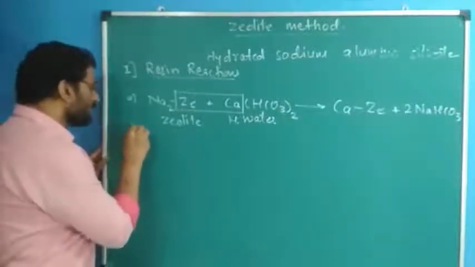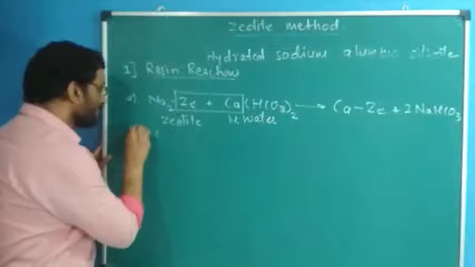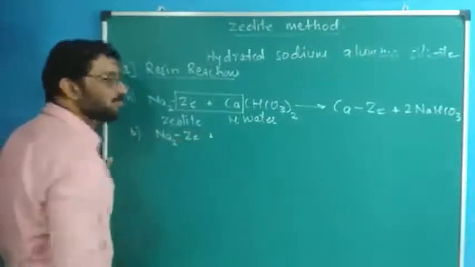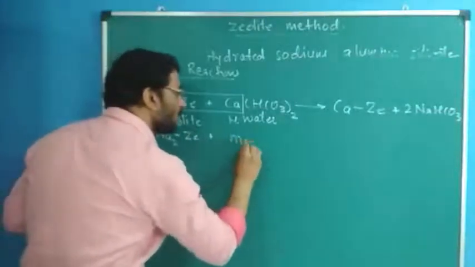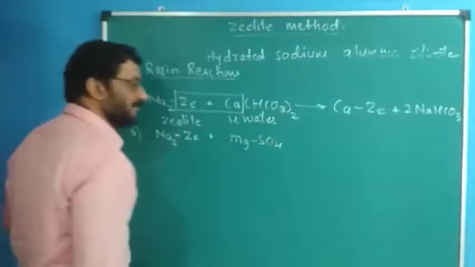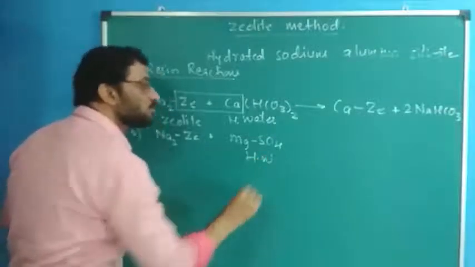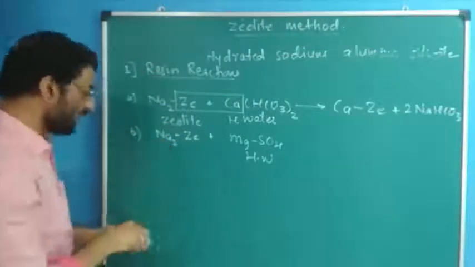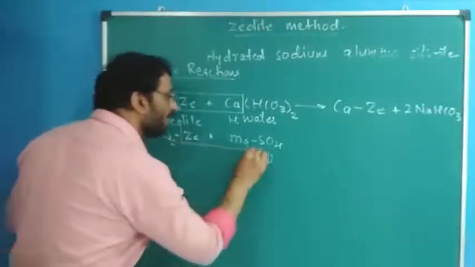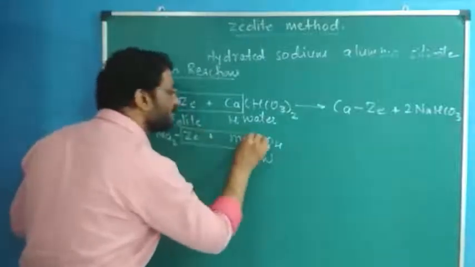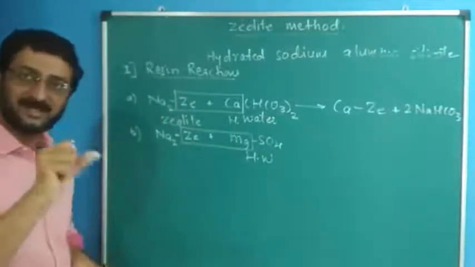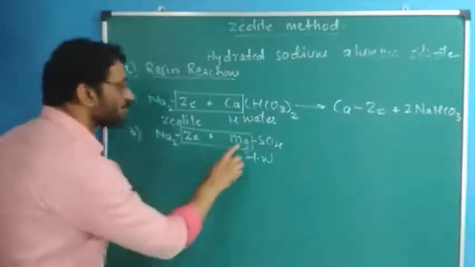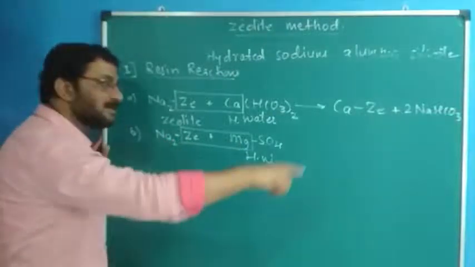One more reaction we will try. Na2Zd is the structure of my zeolite. Suppose my hard water has soluble magnesium sulfate. When I pass hard water over this zeolite, the zeolite bed will trap the hardness-causing magnesium ions in its unit, and in exchange, two positive ions are released.